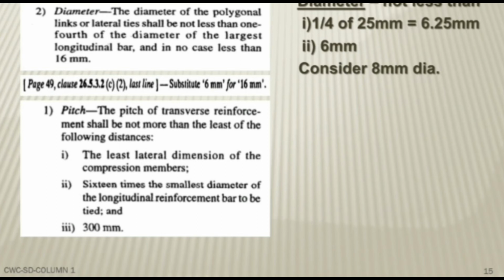Coming to the pitch, it shall not be more than the least of the following three distances. The first one is the least lateral dimension of the compression member. Second is 16 times the smallest diameter of the longitudinal reinforcement bar. And the third one is 300 mm.